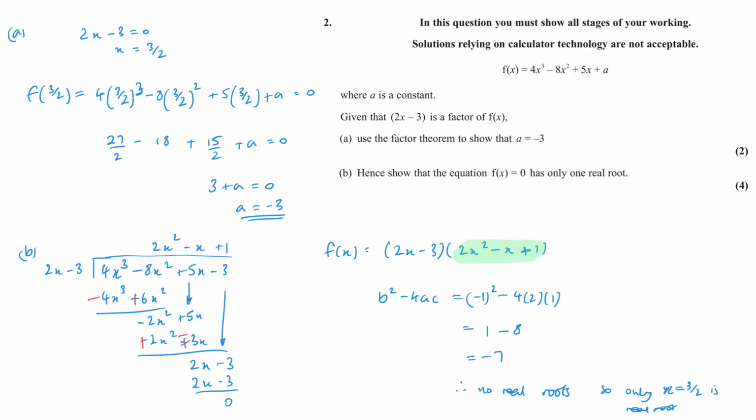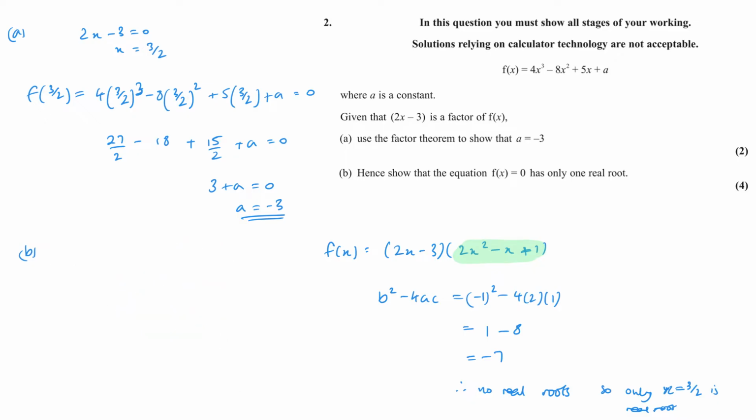There is. This bit will be the same, but I'll redo this bit now. So second way is making 4x cubed minus 8x squared plus 5x minus 3 equal to 2x minus 3 times ax squared plus bx plus c.